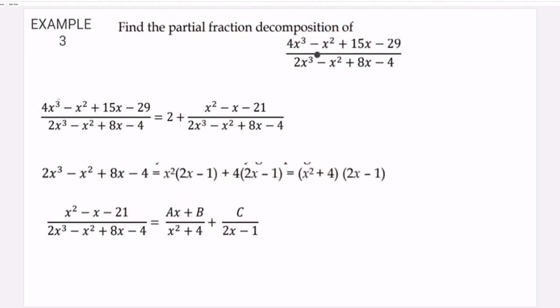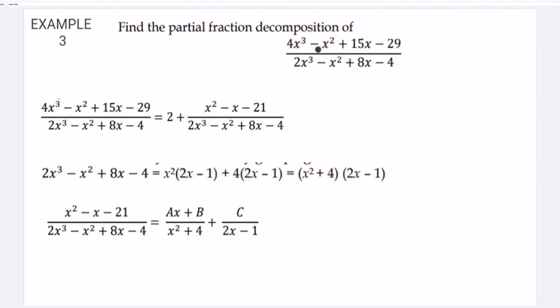What we need to do first is use the long division method so that we arrive at an expression in which the degree of the numerator is less than the degree of the denominator.